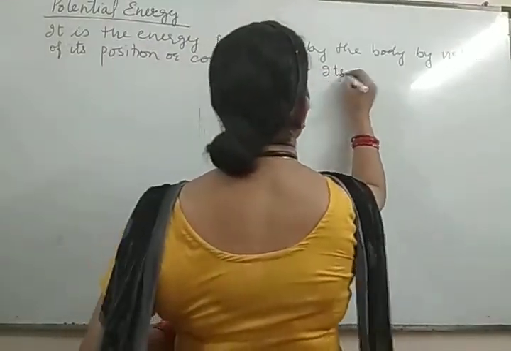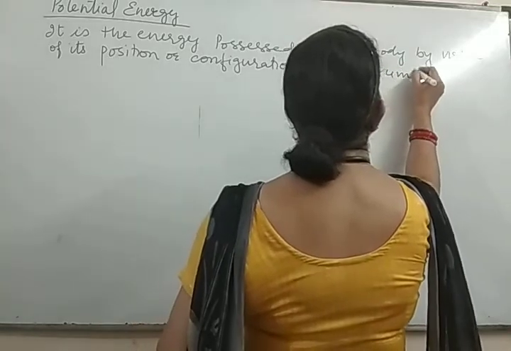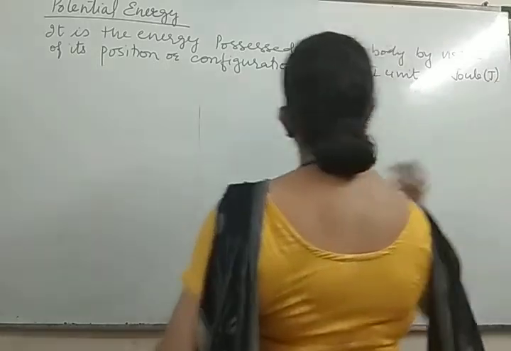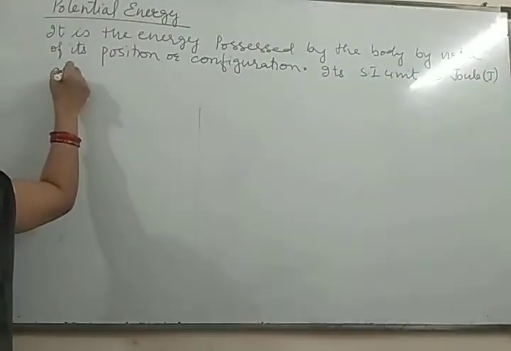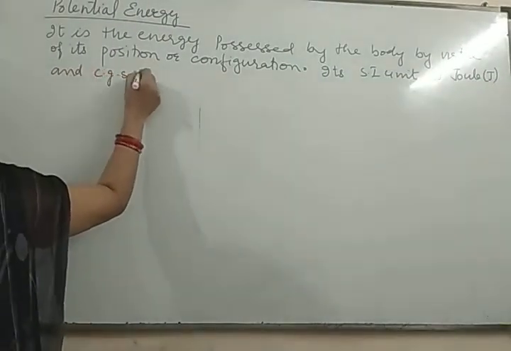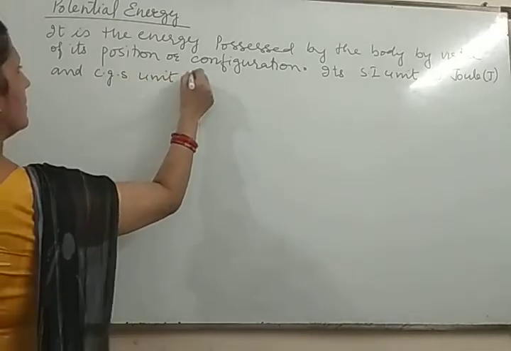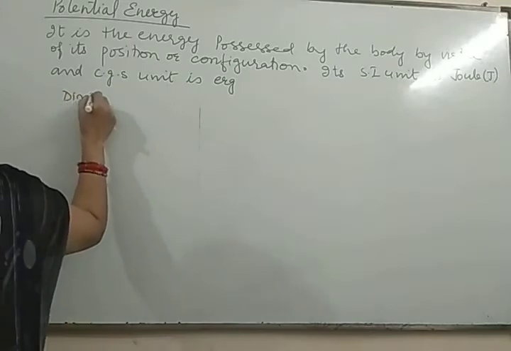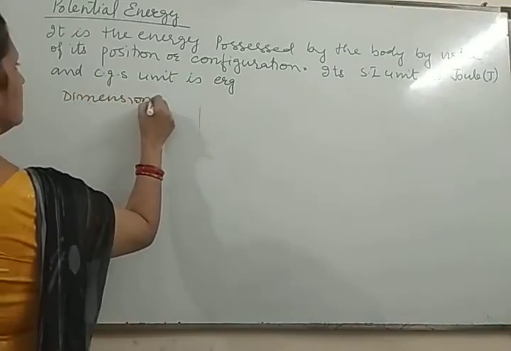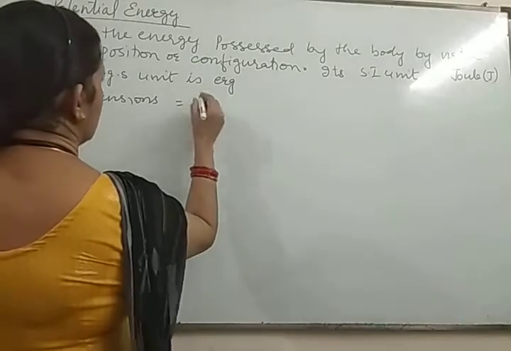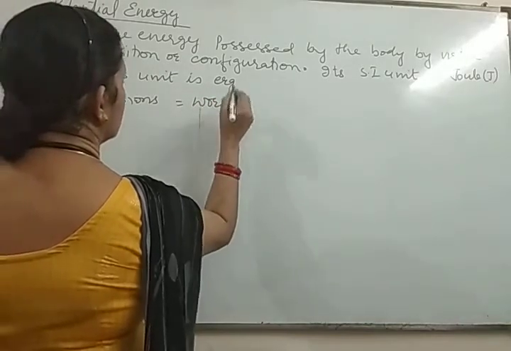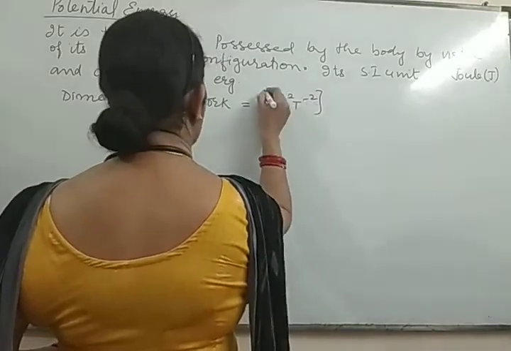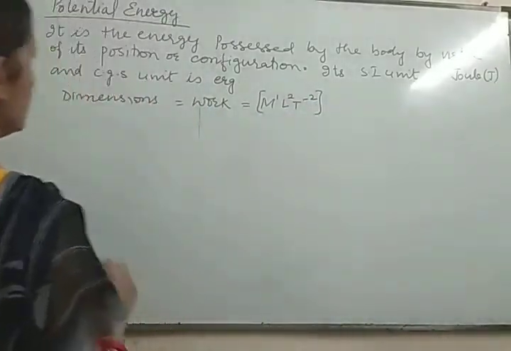Its SI unit is joule, represented by capital J, and the CGS unit is erg. The dimensions are M1 L2 T minus 2, that is the dimensions of work, force into displacement.